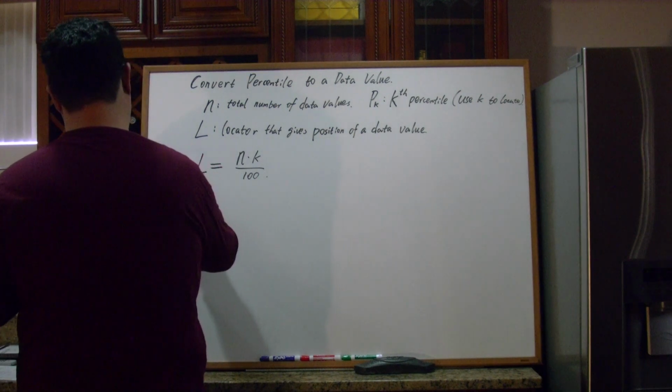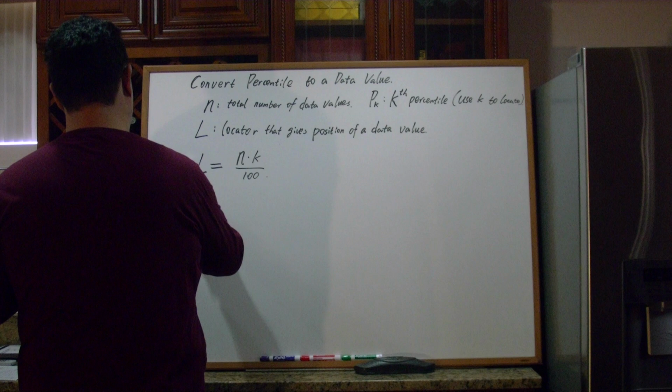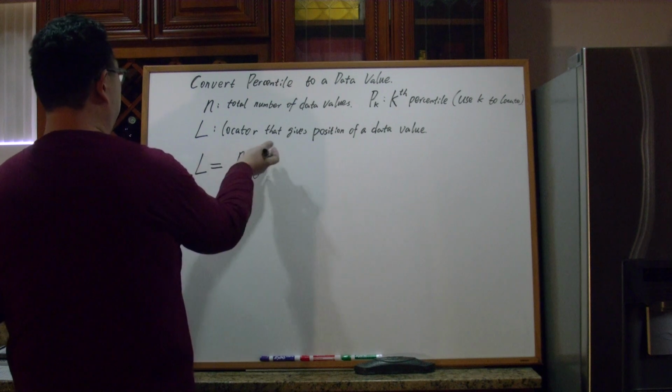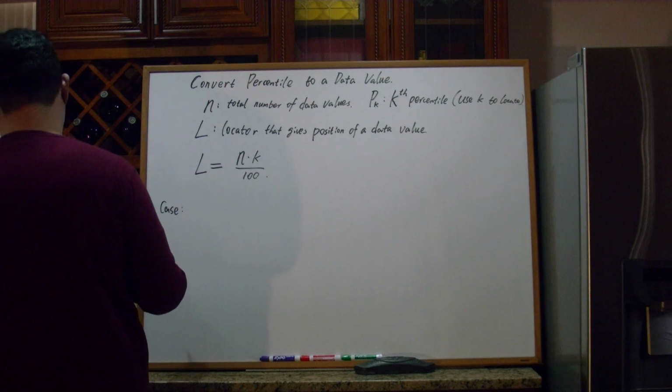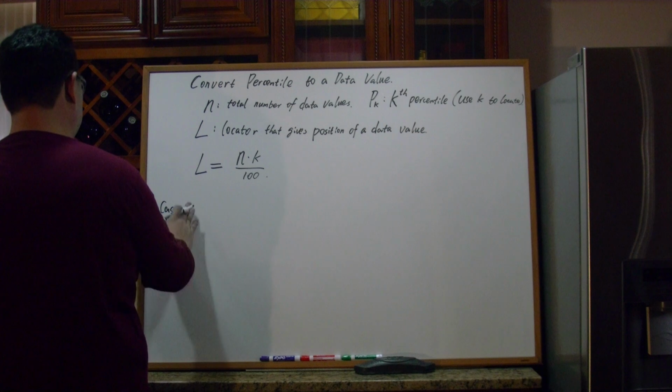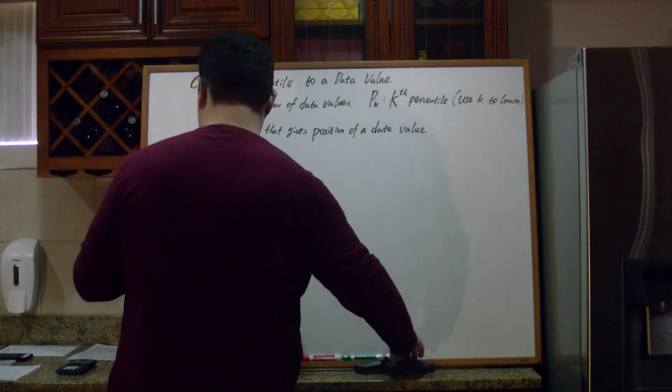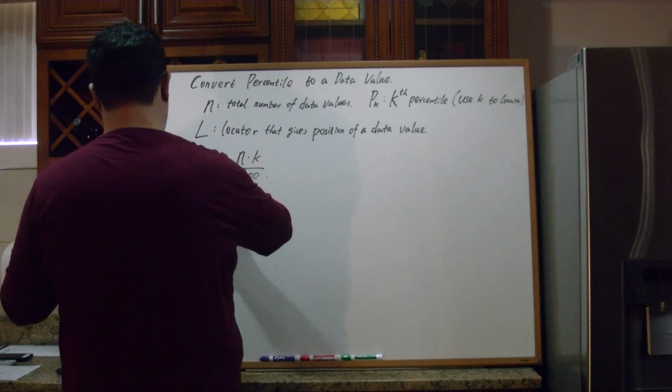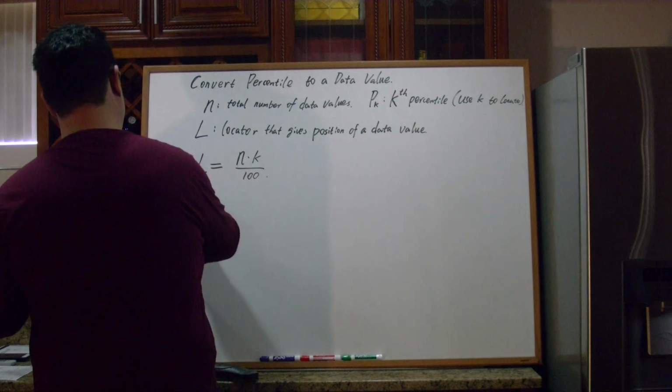Right, there will be two cases. When we get into the division, the locator L may be a decimal, or maybe a whole number. So what do we do for steps?